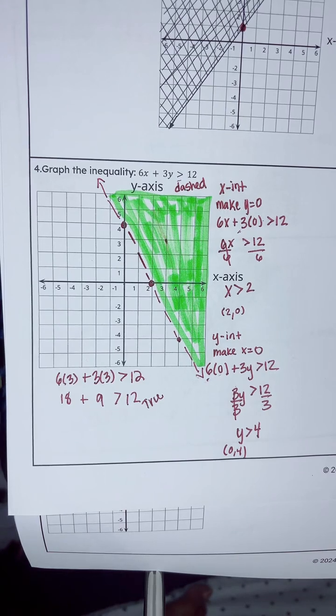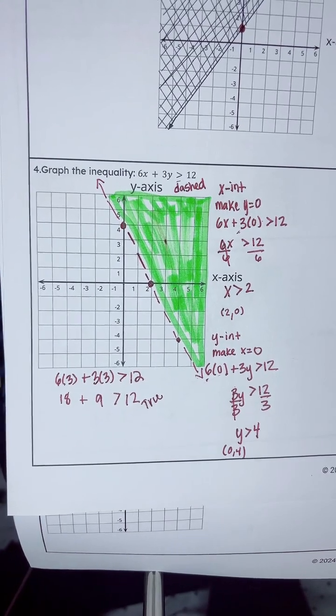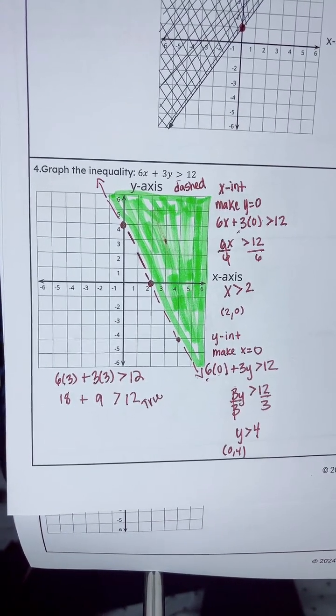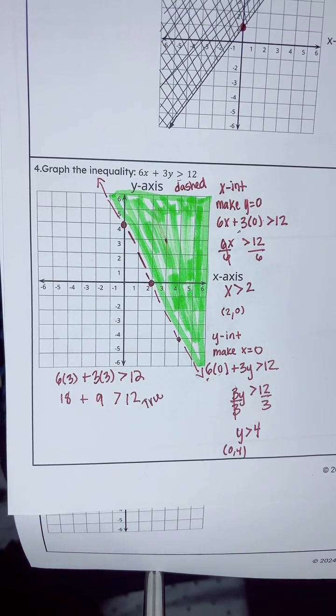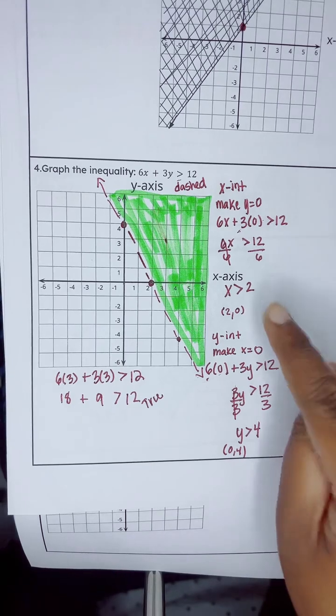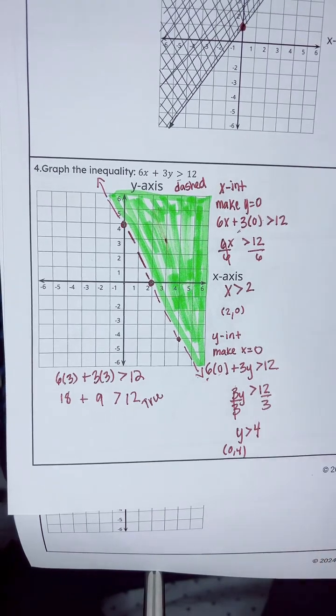If x is greater than 2. Oh, wait. Hold on. I got a question. Somebody said, if x is greater than 2, why did you put it at 2? Oh, okay, great. Because I'm just finding my intercept.